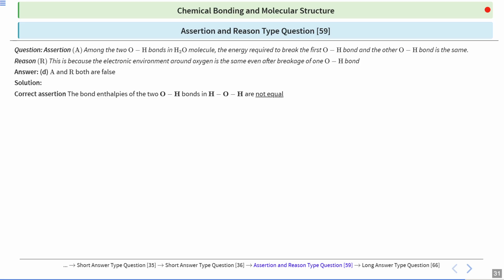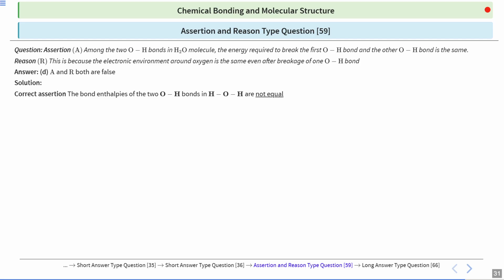I would not say molecule, I would say species. In the OH species, there is a completely different environment, and now your oxygen has an incomplete octet. Therefore, it will be more difficult to break the second bond as compared to the first.